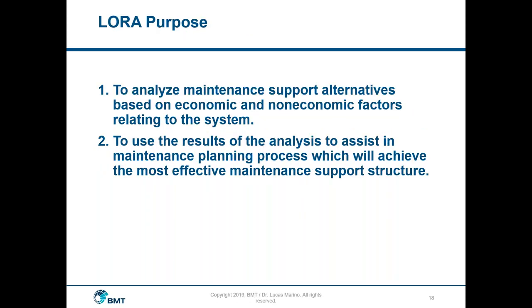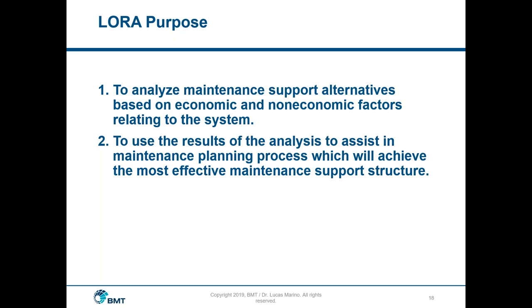So we'll want to analyze our maintenance support alternatives, meaning how many different alternate sources of maintenance support do I have? Do I have my own people? I have contractors, I have OEM providers, and I'm going to look at the economic and non-economic factors related to the maintenance performance by each of those resources.